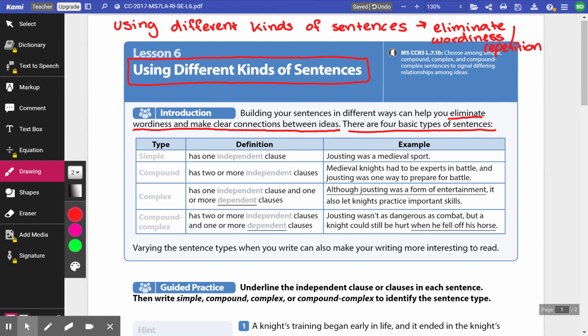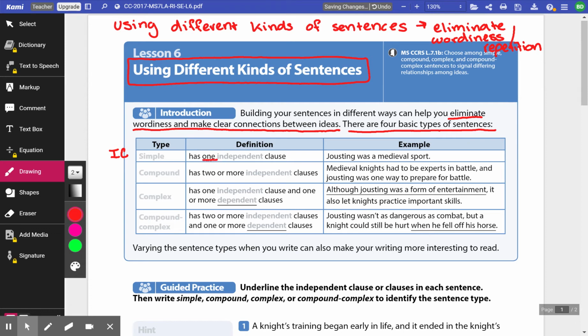So, the chart is broken up into 3 columns. The first column is the type of sentence, then we have the definition of what that sentence consists of, and then we have an example. So, the first type of sentence that we have is a simple sentence. And our simple sentence is just made up of one independent clause. So that's what the definition says, is that it has one independent clause.